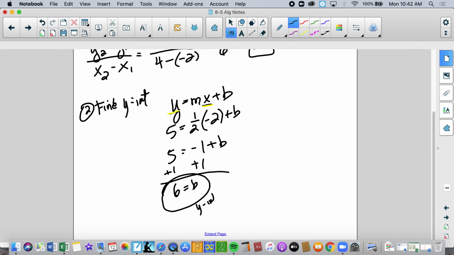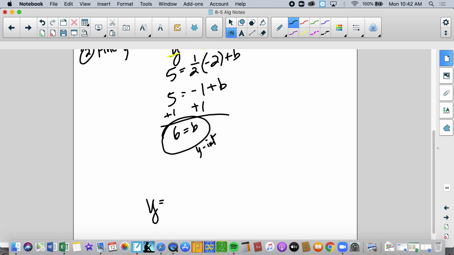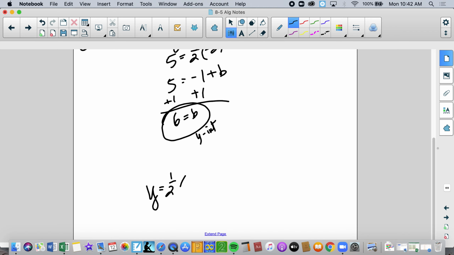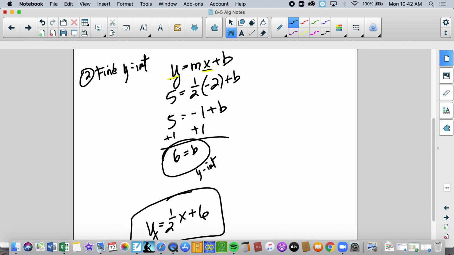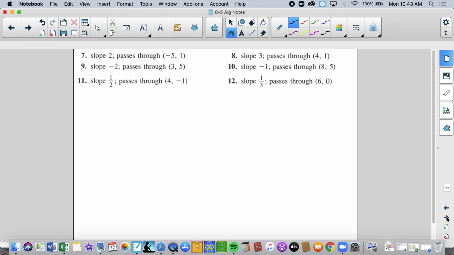So I have my slope, and now I have my y-intercept, and now I can write an equation for the line. Y equals 1/2 x plus 6. And that is how we write an equation for a line that contains the points (-2, 5) and (4, 8).